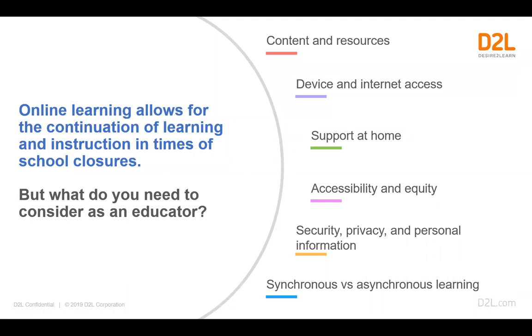Devices and internet access. Of course, we understand that online learning is a valuable resource in times like this, but as educators, we always need to consider our students that may be without internet or devices. For learners that have older devices or computers at home, make sure that you're not over-focusing on apps that rely on the newest operating system.